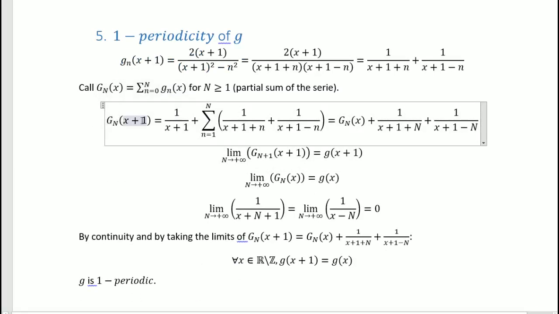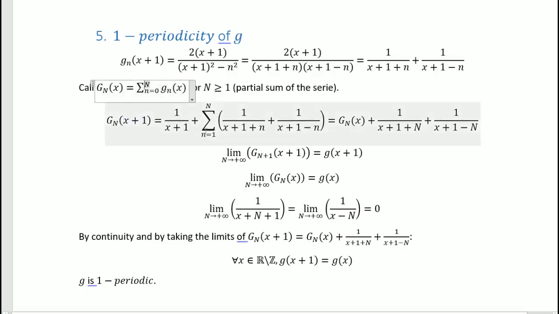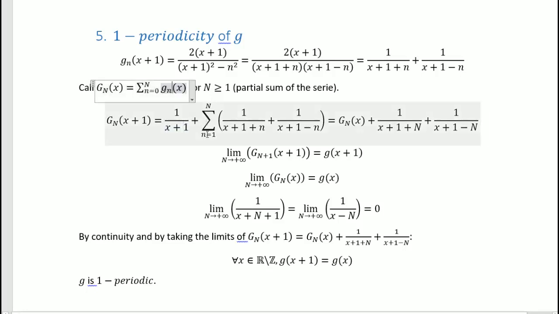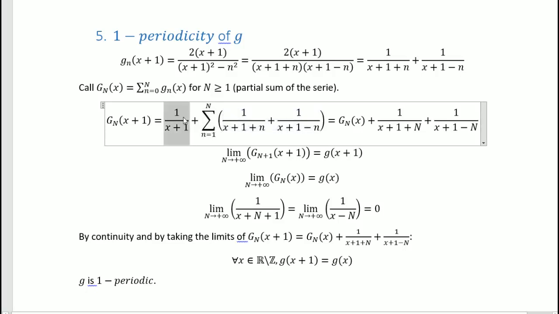So g_n of x plus 1 equals this. This comes just from the definition and splitting. Basically, it's the definition, but we have spliced the term in n equals 0. So instead of starting from 0, we start from 1, and the term in 0 is here.